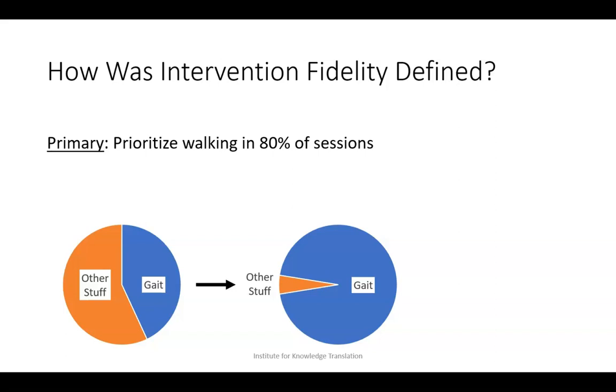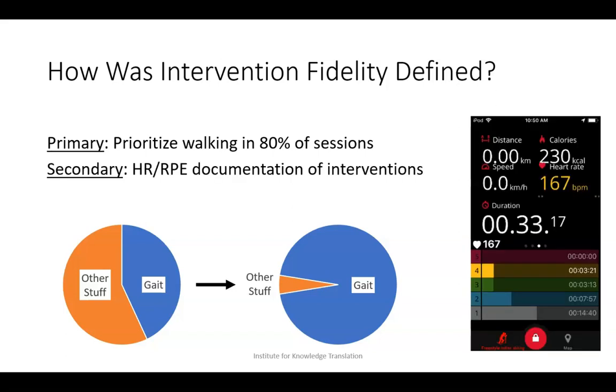So we went through, removing those sessions from this analysis, but really trying to get at the point that we are prioritizing walking in most of the sessions. So really taking that pie chart at the bottom left, where other stuff makes up the majority of time, and shoving it to as small a piece of the other stuff as we can.